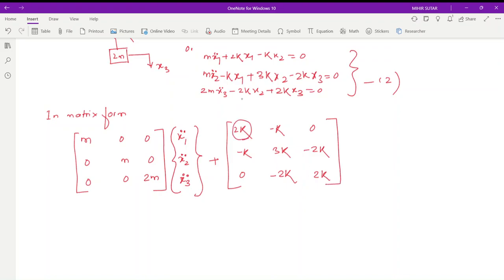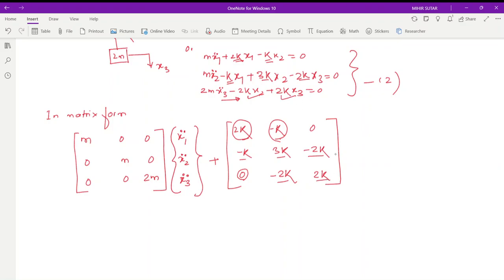This value is this one. This is the minus k, this one, then 0 because there is no x3 component. Then we'll have minus k, this component, then 3k is this one, and minus 2k this, then 0 because there is no x1 component here, so minus 2k this, then 2k this.